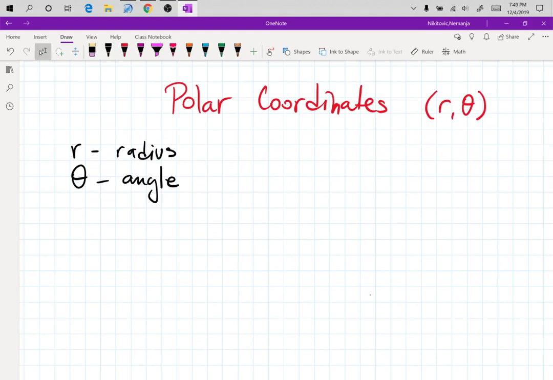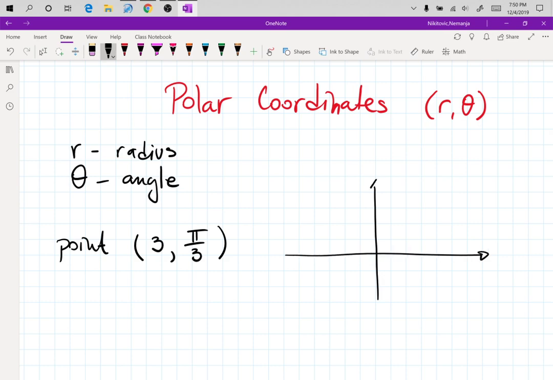So if I have a point (3, pi over 3), let's say, I can graph that point in this system. It's still xy here. What I do is I measure 3 units on the x-axis first. I'm measuring positive 3 because I have positive 3. If it's a negative 3, you would go on negative x.